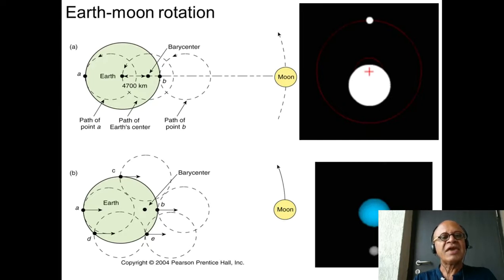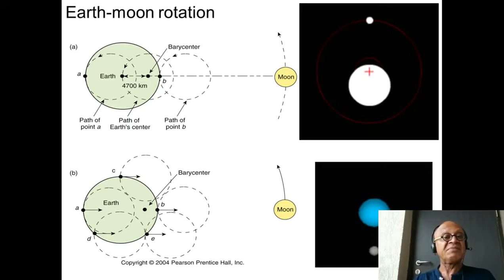They're all making a circle of the same radius because of being tethered to the barycenter. Okay, so here it is. There is the barycenter. Each point is making a little circle because of being tethered to the barycenter.